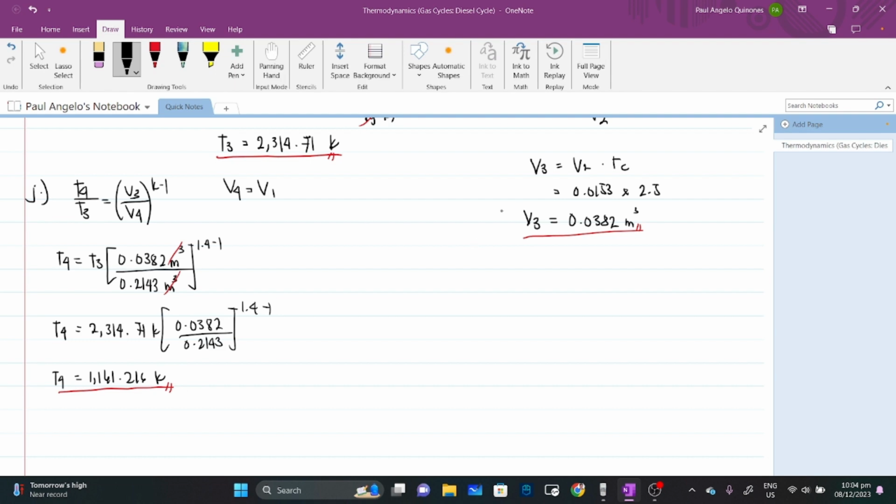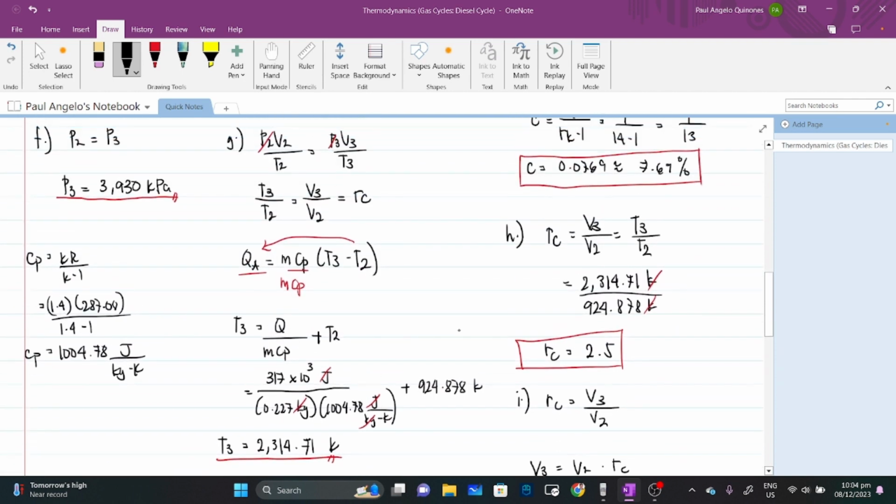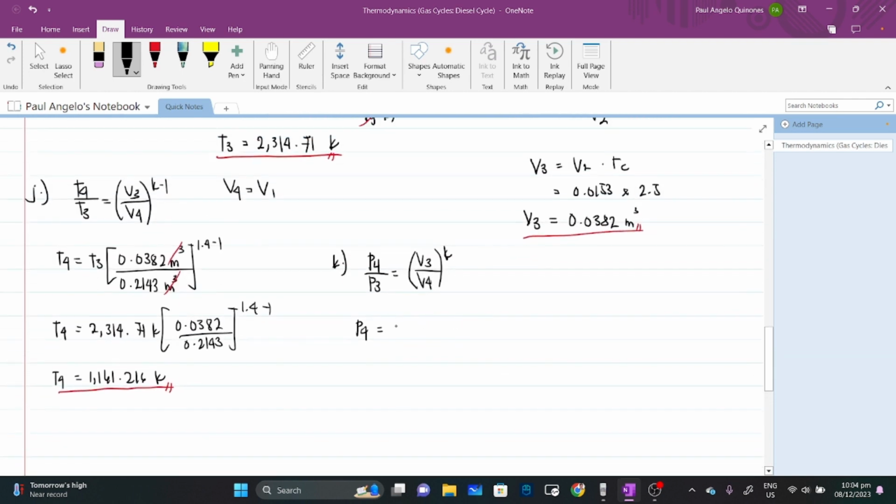So letter K. What about P4? That is P4 over P3 raised to V3 over V4 raised to K. So P4 is equal to P3, that is 3,930 kilopascal, times quantity V3, 0.0382 cubic meters over 0.2143 cubic meter, raised to 1.4.